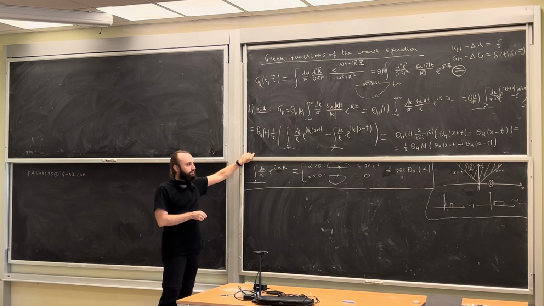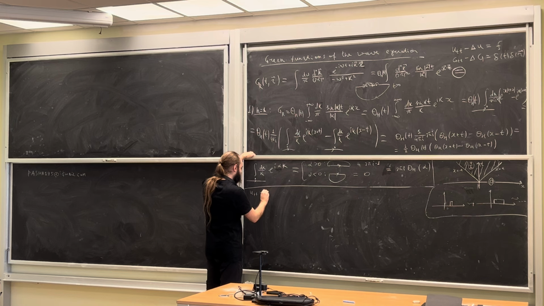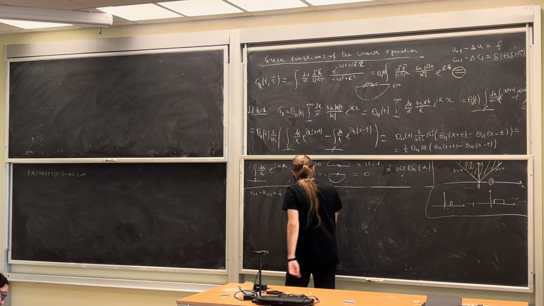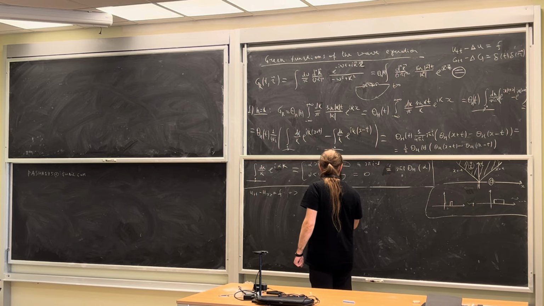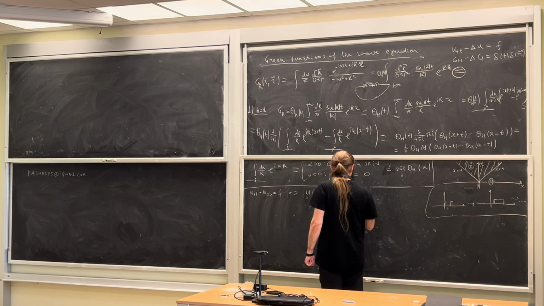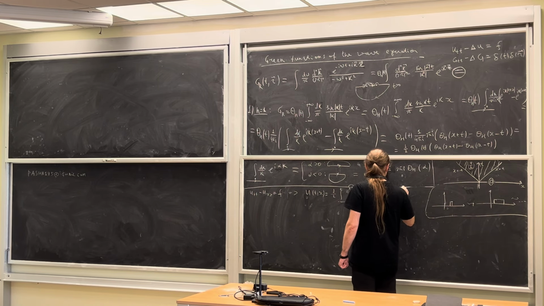Is it fine? So if you want to write a solution with arbitrary right hand side, u_tt minus u_xx equals f, then u of t and x equals 1/2 integral from minus infinity to t, integral from x minus (t minus t prime) to x plus (t minus t prime) of f of t prime, x prime, dt prime dx prime.